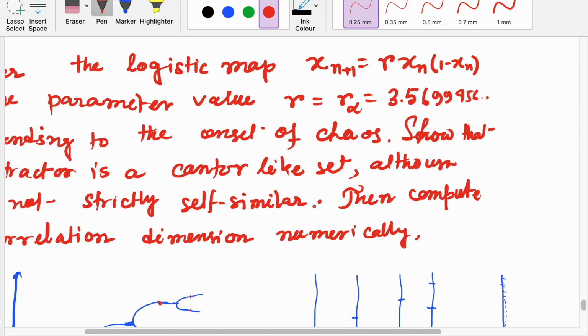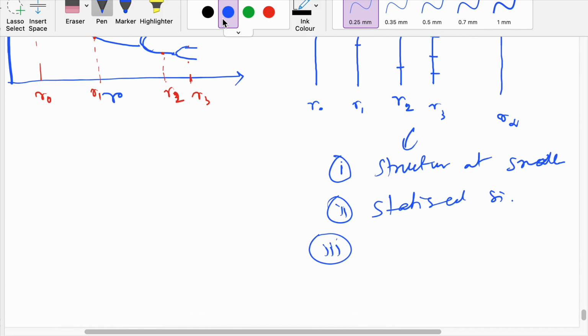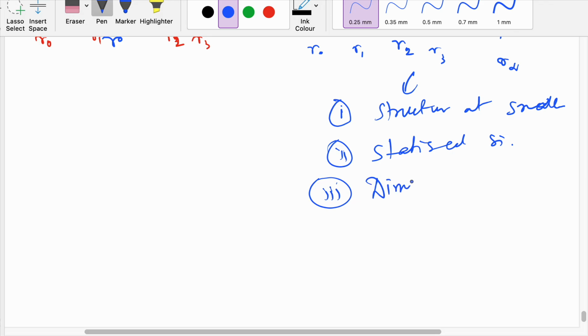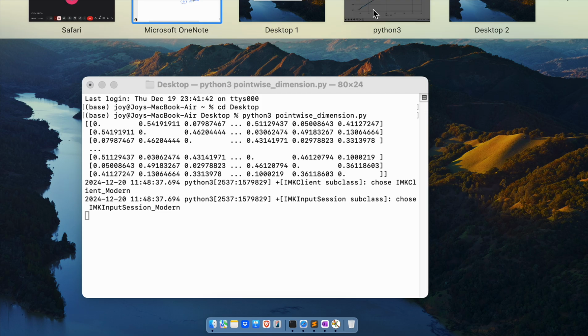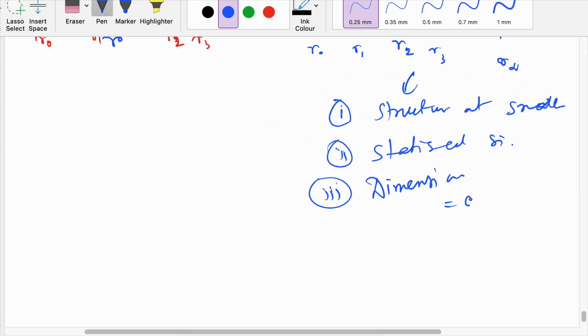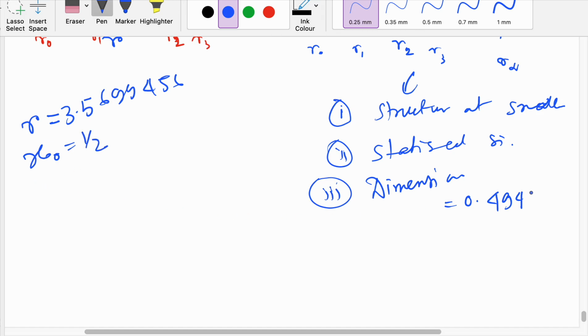That means the slope is the dimension. So the dimension of the logistic map is 0.494. Here in the logistic map I am using r equal to 3.5699456, and I started from the initial condition x equal to half, and I find that the dimensionality is less than 1.